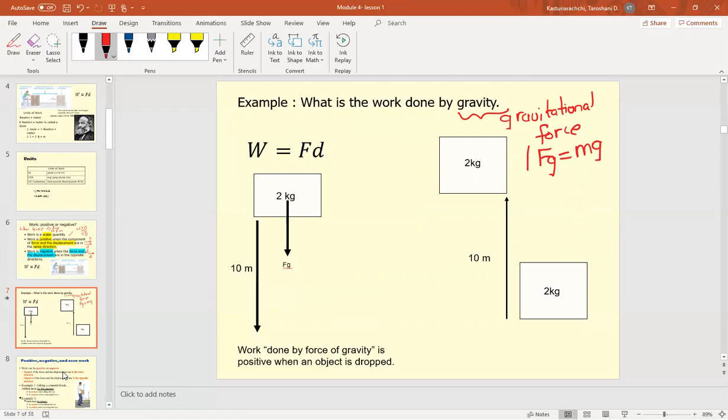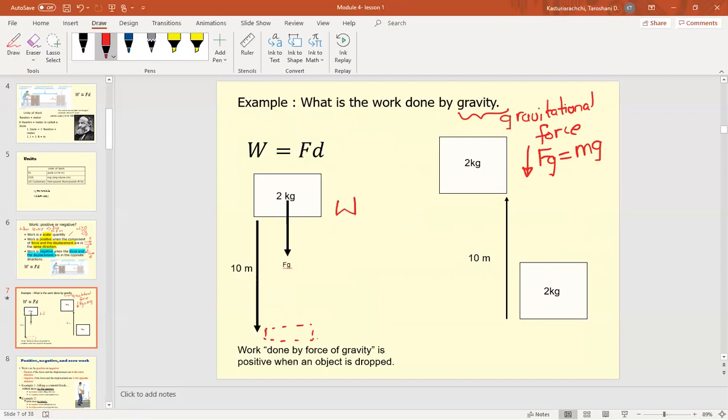We know gravitational force is always vertically down. Now it says what is the work done by gravity. You have an object, let's say it's a brick of 2 kilograms, and you drop it 10 meters. First of all, let's see if my work done is positive, negative, or 0.